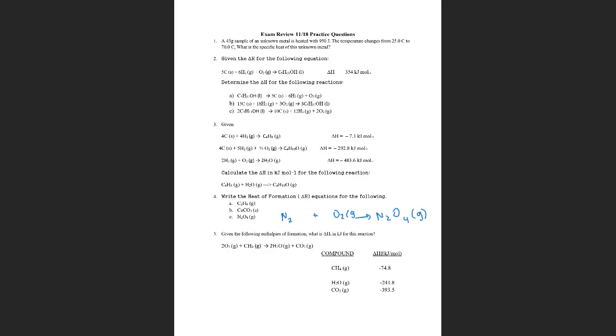Gas. These are both diatomic molecules. And then do we need to add coefficients to this equation? Yeah, we're going to have 2 O2. Yeah, so that's it for this one. No fraction coefficients for this one. Yeah, that's it for heat of formation equations. Do y'all have any questions?